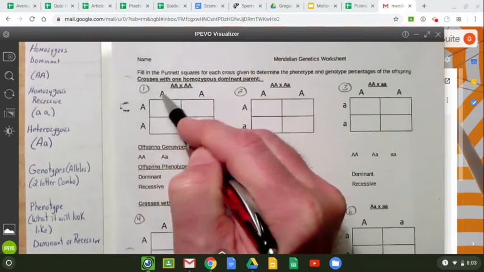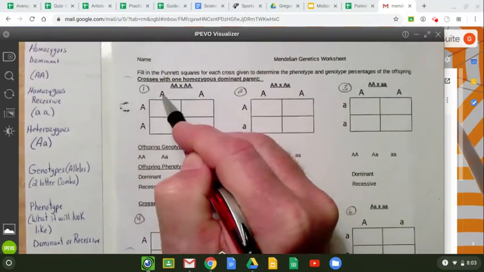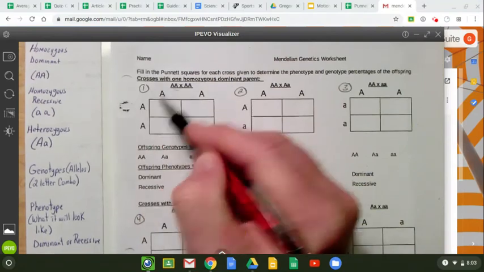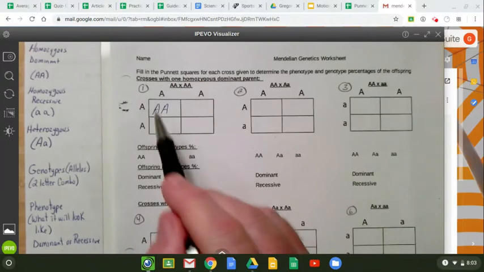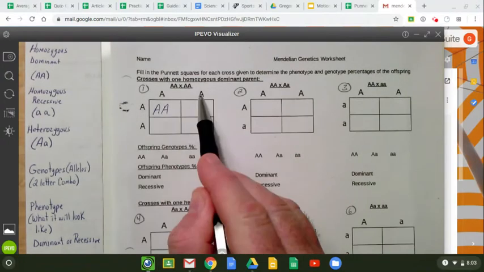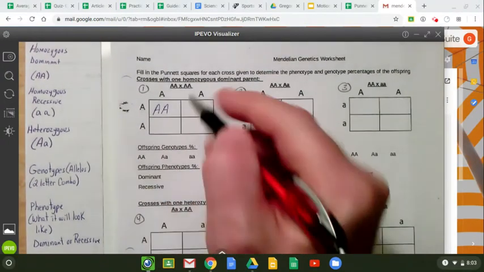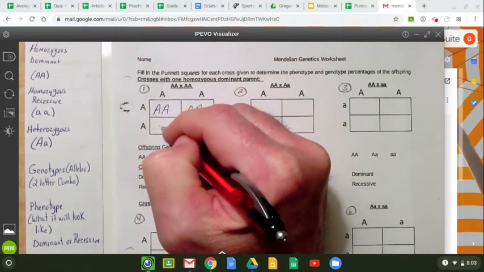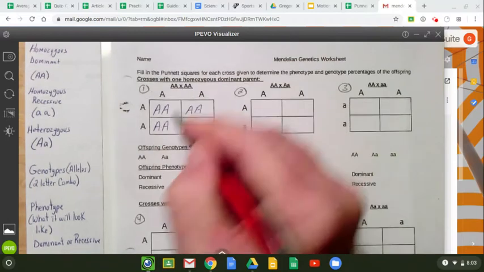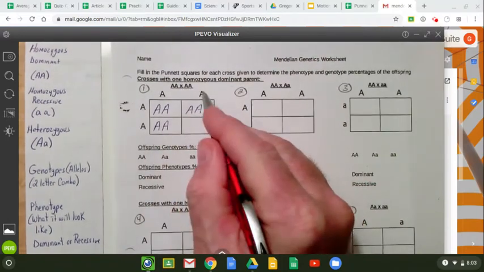All right, so let's fill in each square. Okay, we have capital A, that will result in homozygous dominant. 2 capital letters, homozygous dominant. And then capital A, and then capital A.